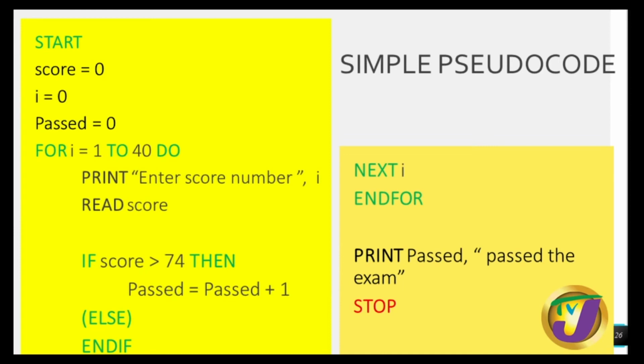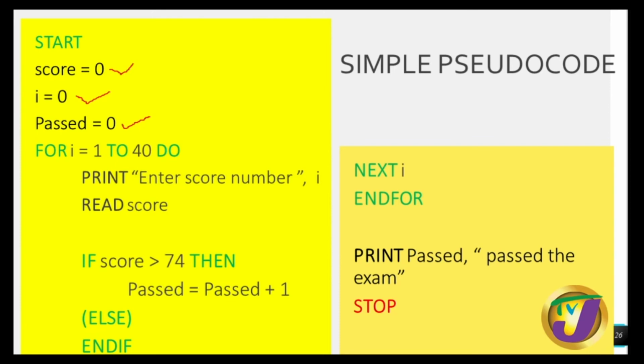The variable I that controls the amount of iterations or repetitions of the loop, and the variable passed, which should count how many persons would have passed IT. So that's the initialization process. Straightforward, using all integers here.